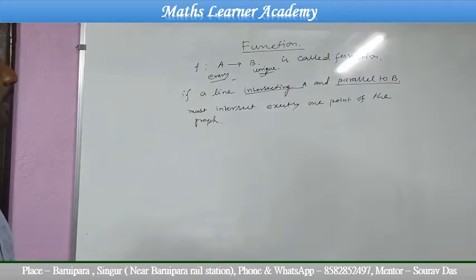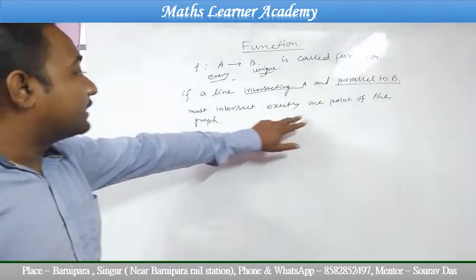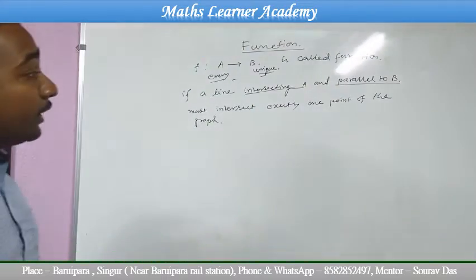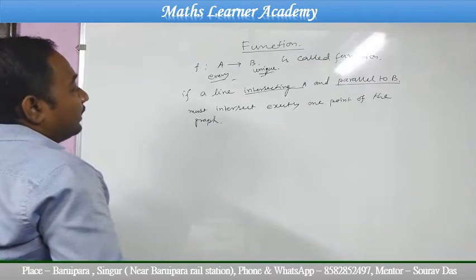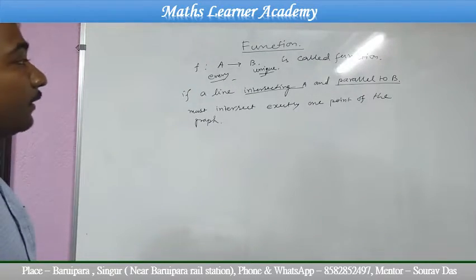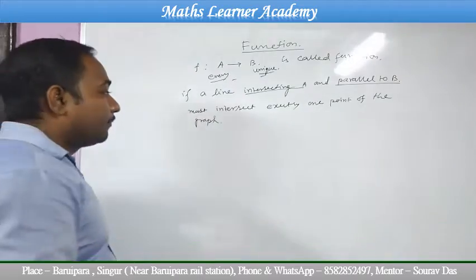So it must intersect exactly one point of the graph, then it is called the function. Otherwise it will not be a function.